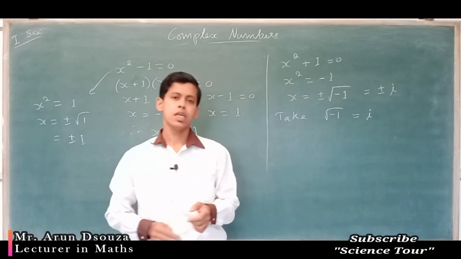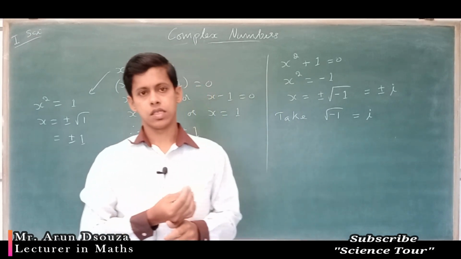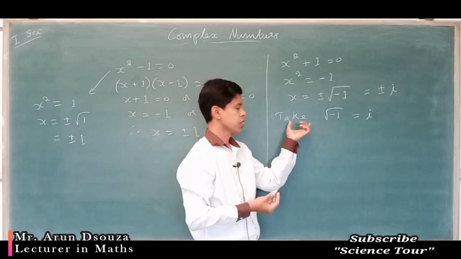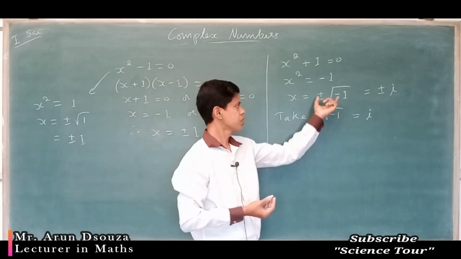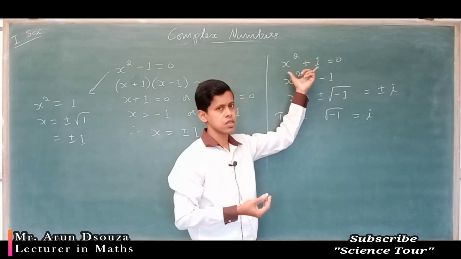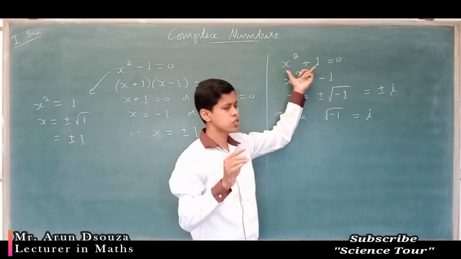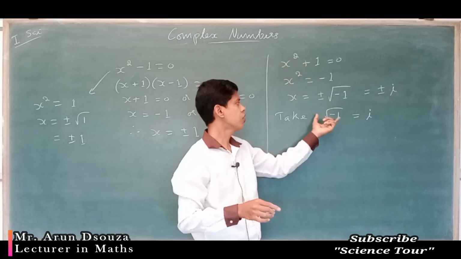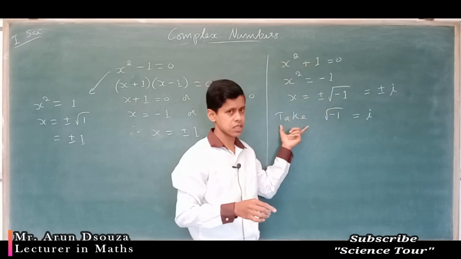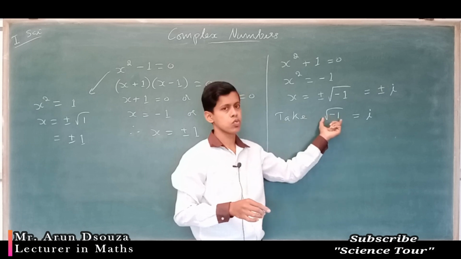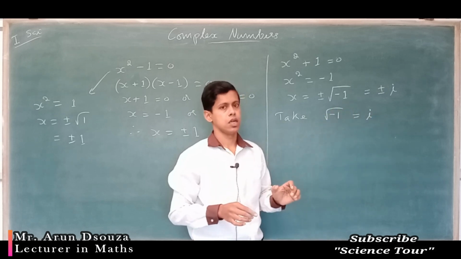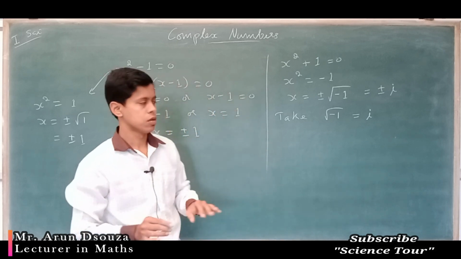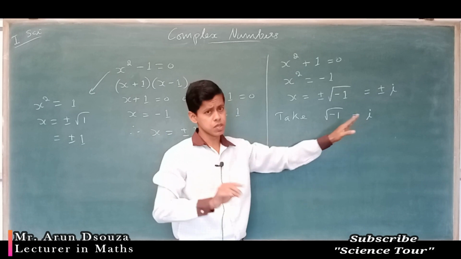Plus or minus i is the solution of this quadratic equation. Because of the necessity to find the solutions of the quadratic equation, we have considered the square root of minus 1 as i. I hope you understood. That is the basic of complex numbers.